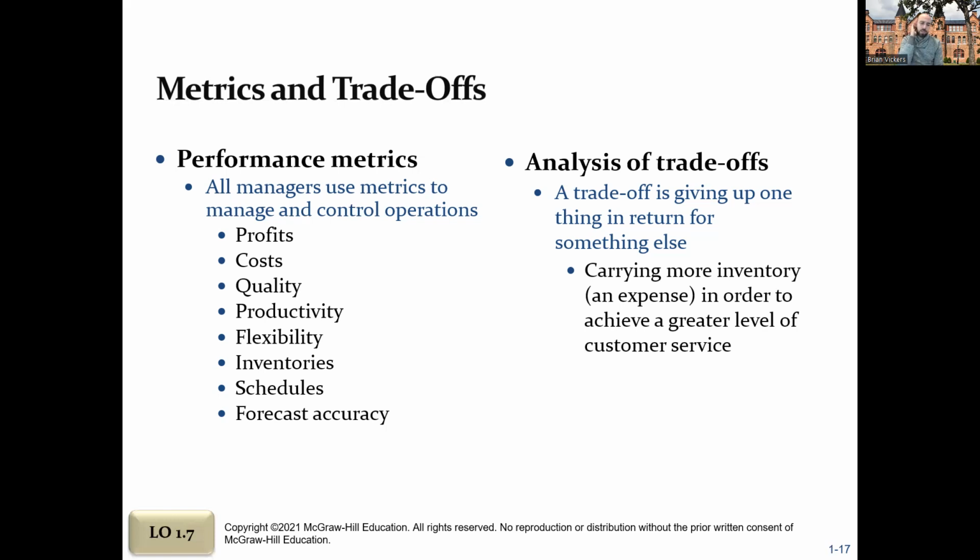So we associate a value to the carrying costs, and every month that has a cumulative effect on total cost. But what if we carried a little bit more so that we can get better customer service, or that we don't have a stock out?